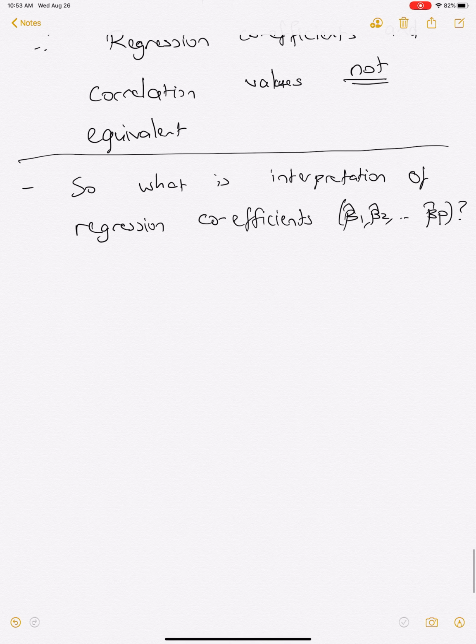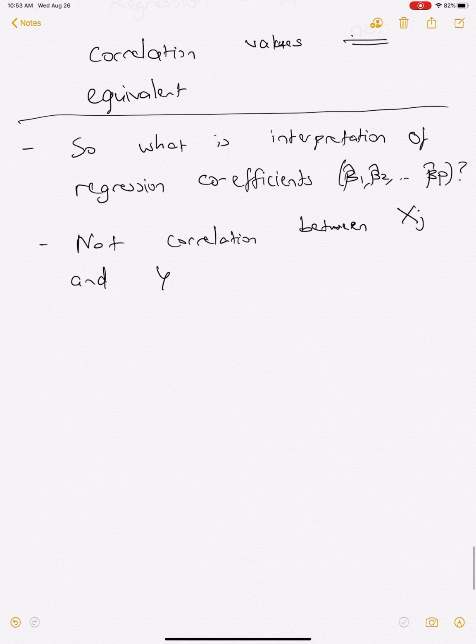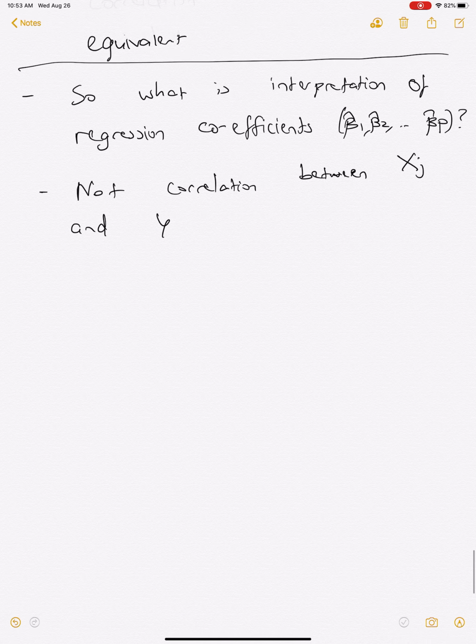So we know that it's not the correlation, but it is actually something. Can we relate it somehow to something else? And the answer is yes.